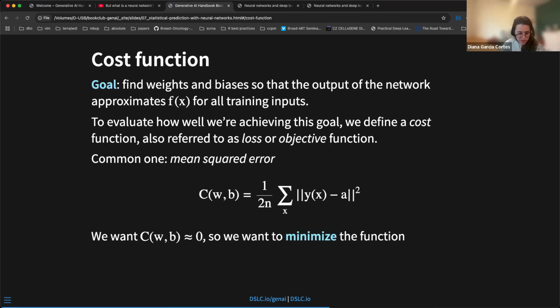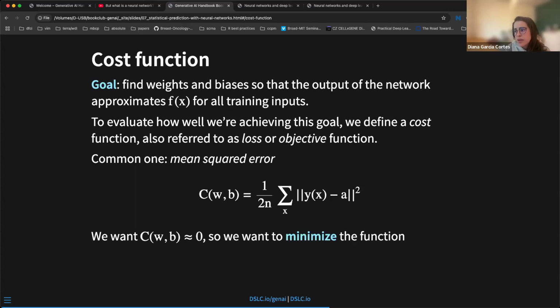And how are we gonna do that? We're gonna have to define a cost function that will help us find those weights and biases, so that the output of our network approximates that function for all of the training inputs. That cost function is sometimes also referred to as a loss function or the objective function.